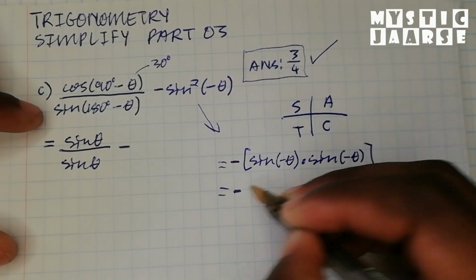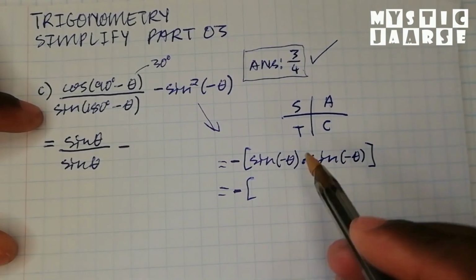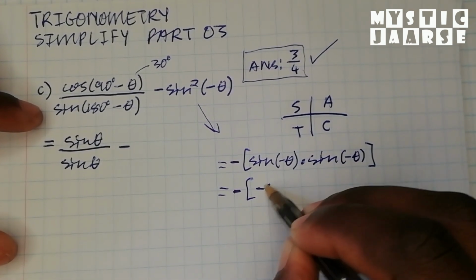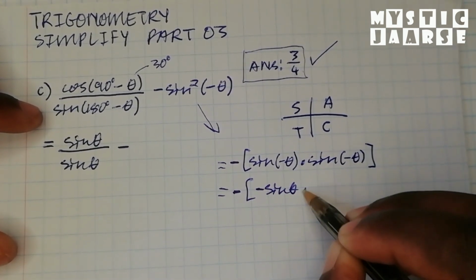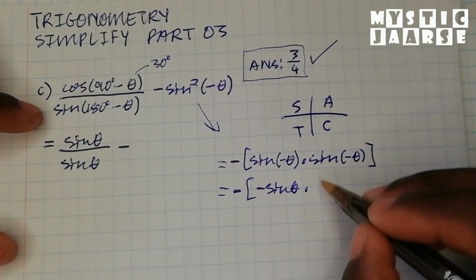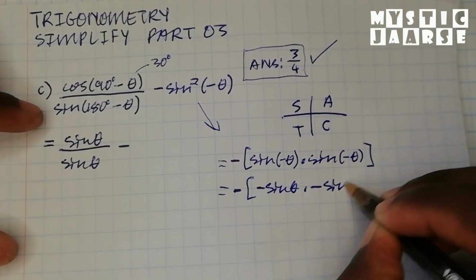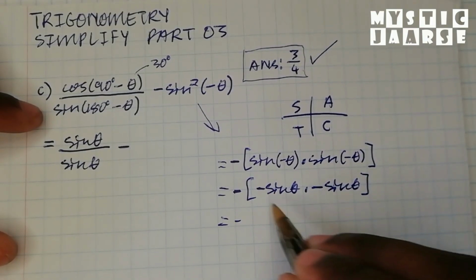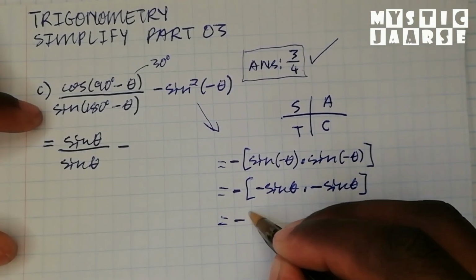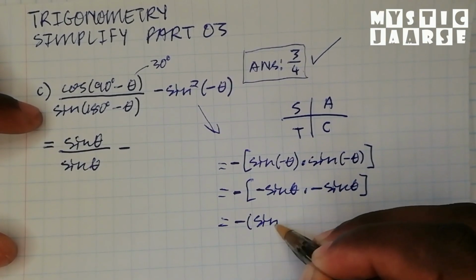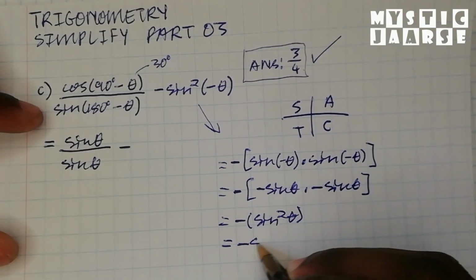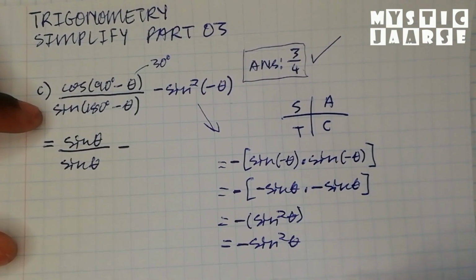We have negative into, now here sine theta, yes, it is affected by a negative angle, so we get negative sine theta, right? Multiplied by, yes, it is affected by a negative angle, we get negative sine theta. Now negative multiply a negative is a positive, right? So we will have negative into positive sine squared theta, and it gives us negative sine squared theta.